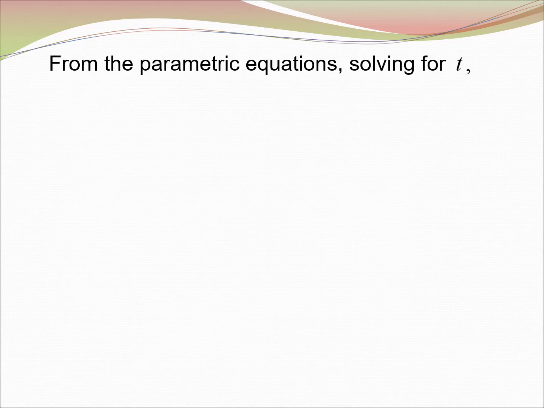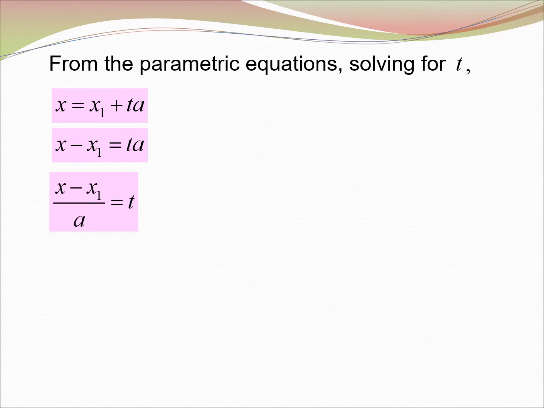From the parametric equation, we get x is equal to x1 plus ta. Now we want to make t the subject. So we will get x minus x1 is equal to ta, or t is equal to x minus x1 over a. Also, from the parametric equation, y is equal to y1 plus tb.